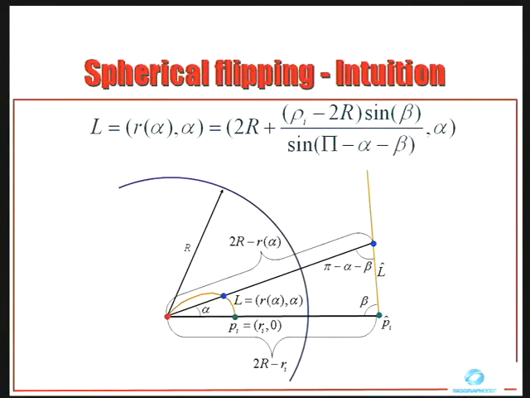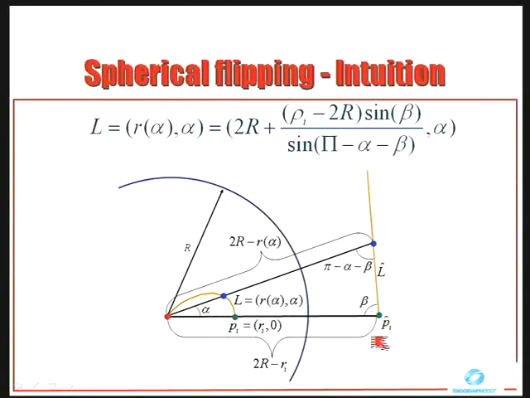Let me give you a very brief intuition. We're looking for points whose image lies on the convex hull. So let's look at a point, in polar coordinates, and without loss of generality, let's assume that our point pi lies on the x-axis. We're looking for the points that would lie on the convex hull after applying spherical flipping.